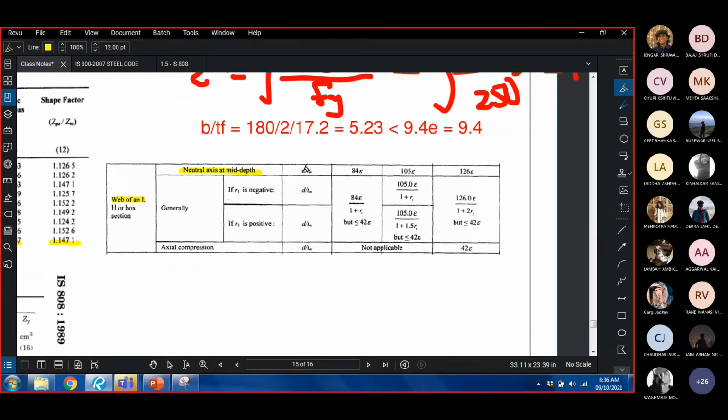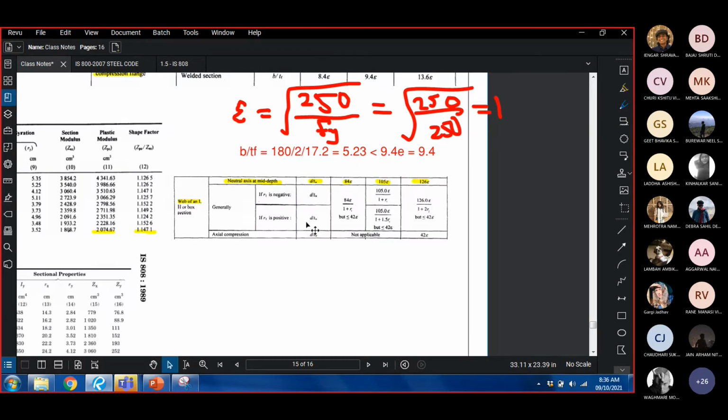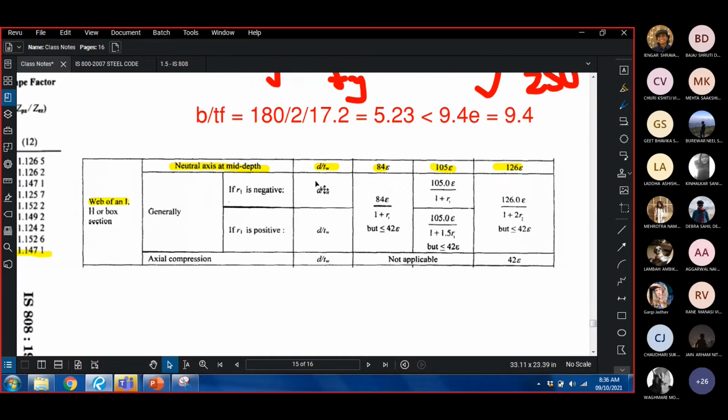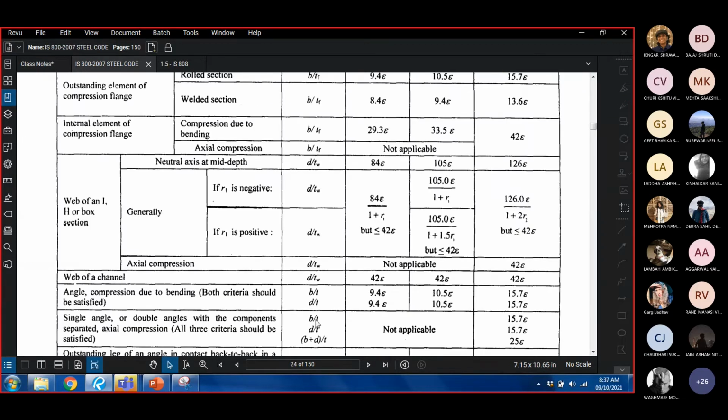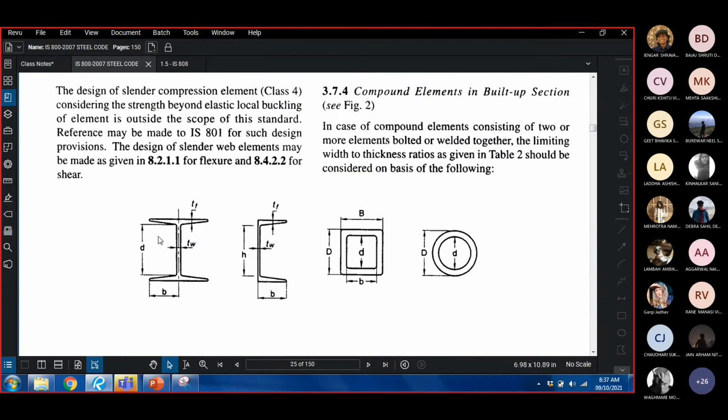Neutral axis is at mid depth, and therefore we'll compare these three values. So now what we need is d upon tw. Now let us see what is d. So d is the depth of web only, excluding the thickness of flange. So d naturally is the total depth minus the thickness of the top flange and the thickness of the bottom flange.